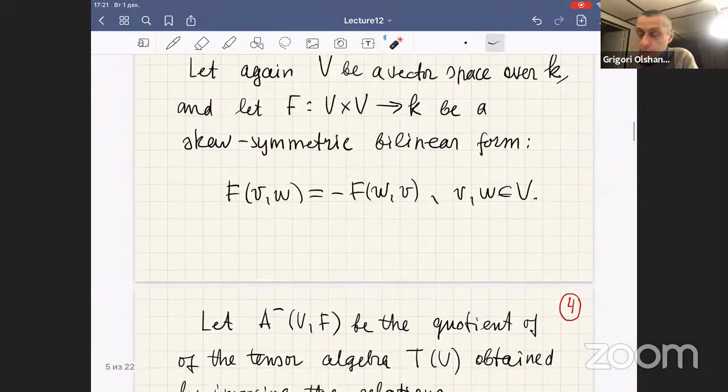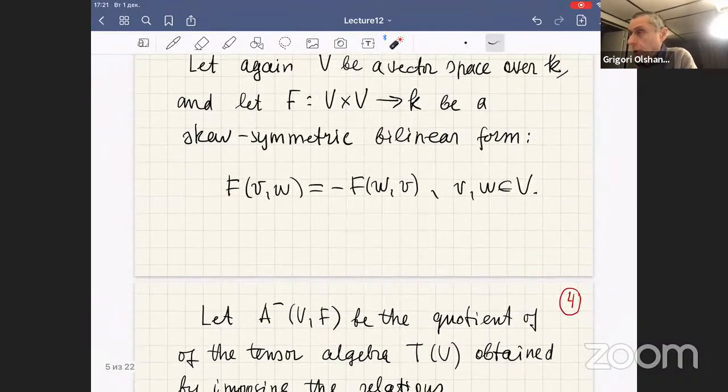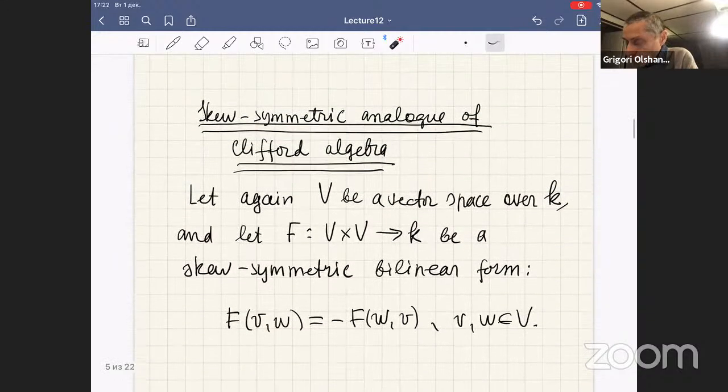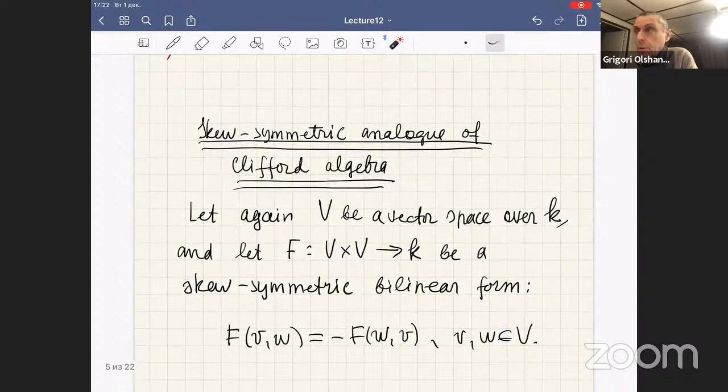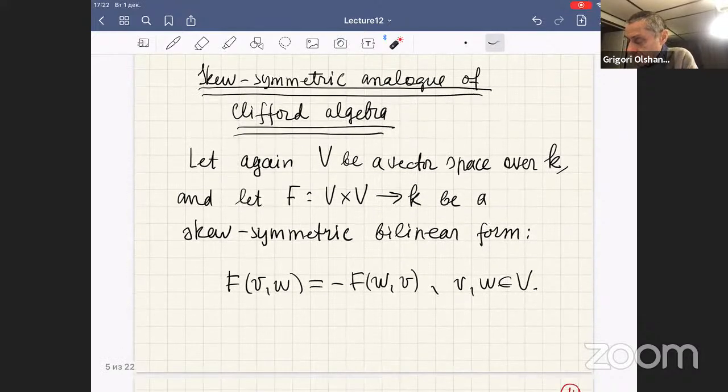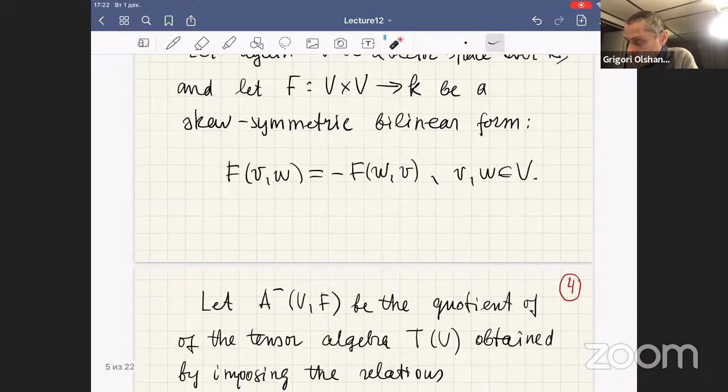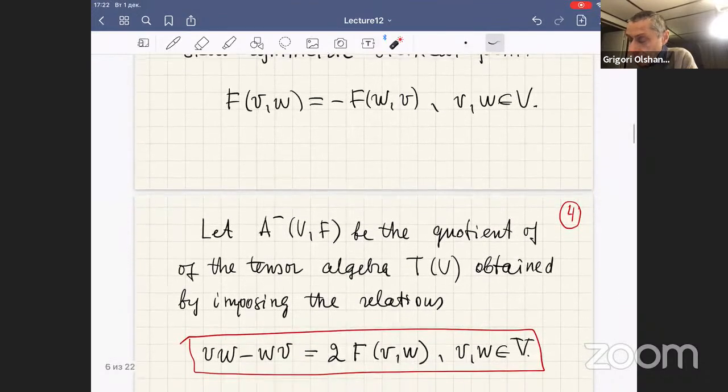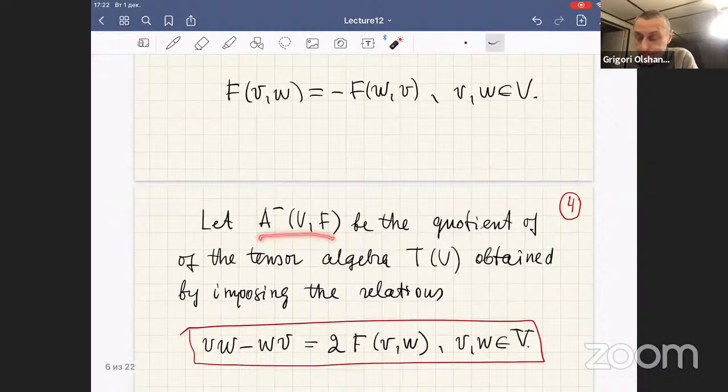If this form is non-degenerate, it is called a symplectic form, and one can say that you have a symplectic space, but at the moment I don't want to suppose that the form is non-degenerate, just arbitrary but skew symmetric. And the definition of the algebra is quite similar.